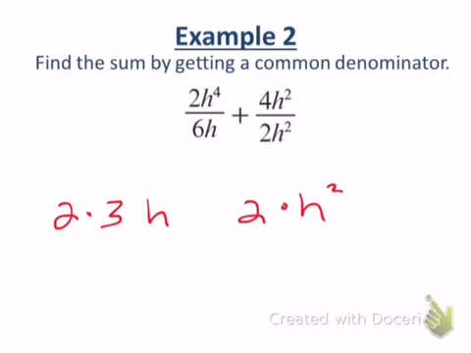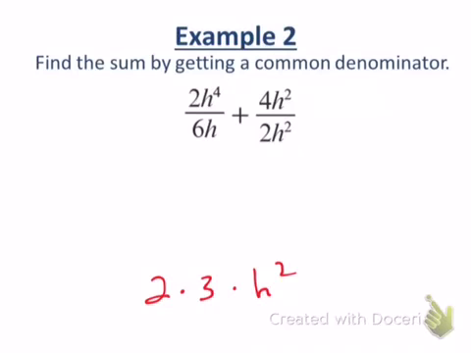So my LCM needs a 2, it needs a 3, and it needs the highest power of h. So it needs an h squared. So my LCM is 6h squared. That's going to be the least common denominator between 6h and 2h squared.